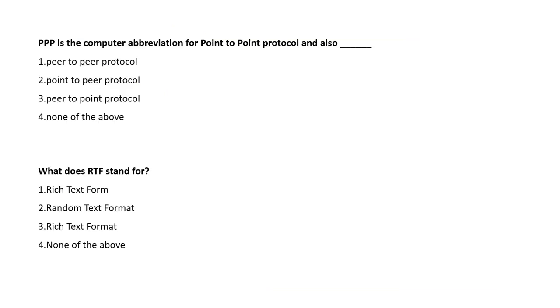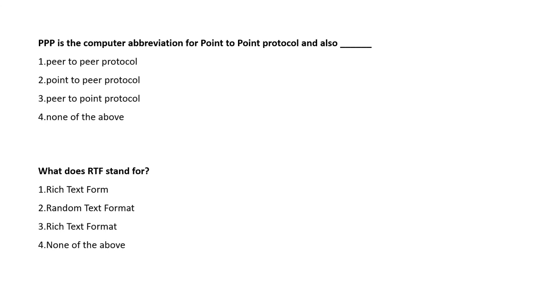So here we have two questions. PPP is the computer abbreviation used for point-to-point protocol, and also here we have seen that PPP stands for point-to-point protocol. Okay, but it is also used for something else, you have to remember this.